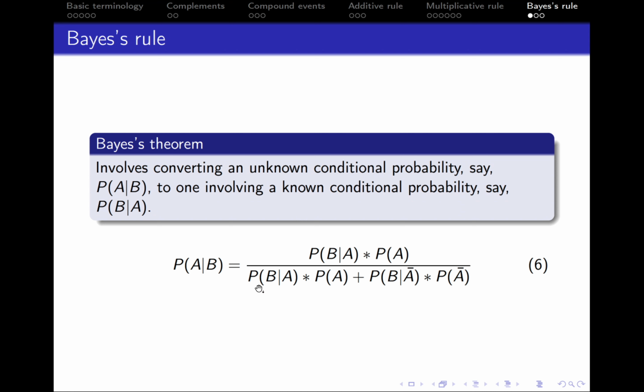First, the conditional probability of event B given event A has happened multiplied by the probability of event A, and the second element is the probability of event B given that the complementary event A has happened multiplied by the probability of the complementary event A.